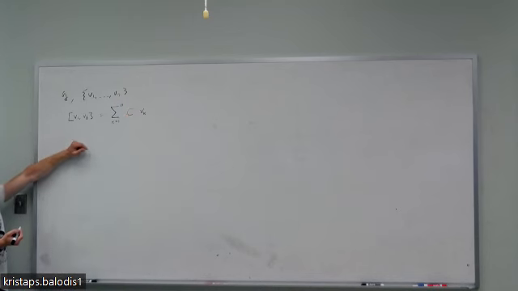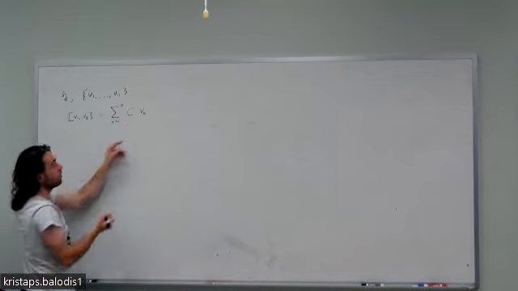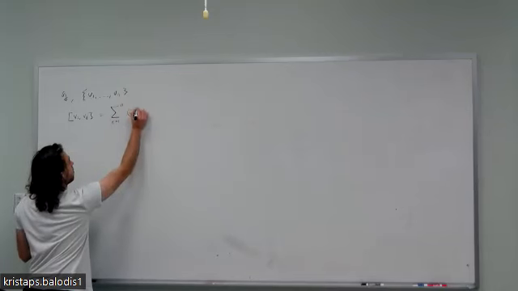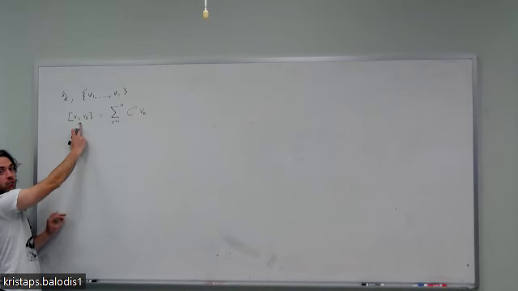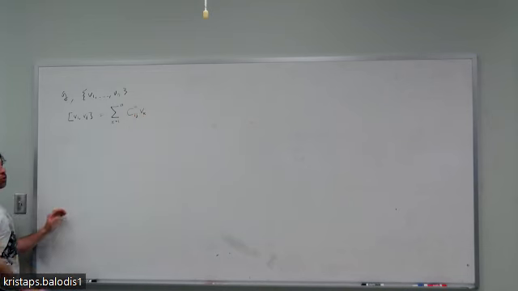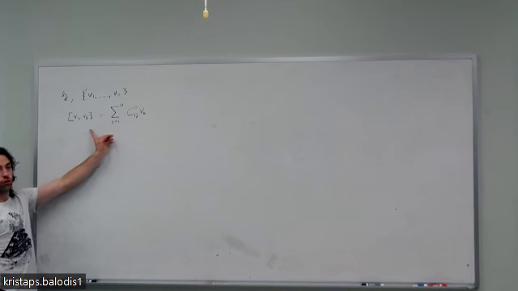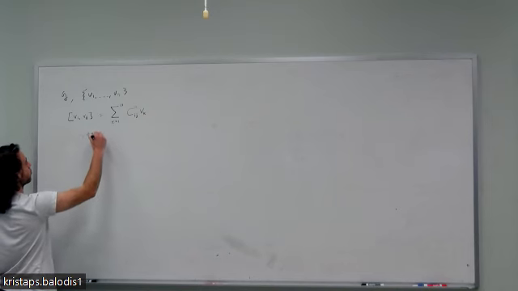I'm going to have a different constant for each k, so I denote it by k, but it also depends on which v_i and v_j. So we get these constants c sub ijk, which are defined exactly to be the coefficients. These are the structure constants.